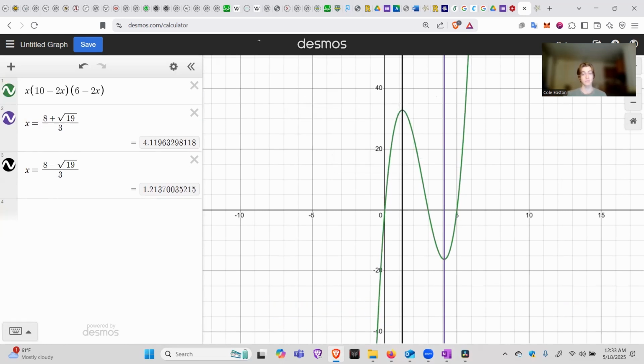If we have 8 plus root 19 divided by 3, then when we compute 6 minus 2x, that actually ends up being a negative number. So the volume doesn't make sense at all, right? We should note that x can't possibly be bigger than 3, or else the question doesn't make sense. We can't remove an x so large that our squares combined are larger than the paper.